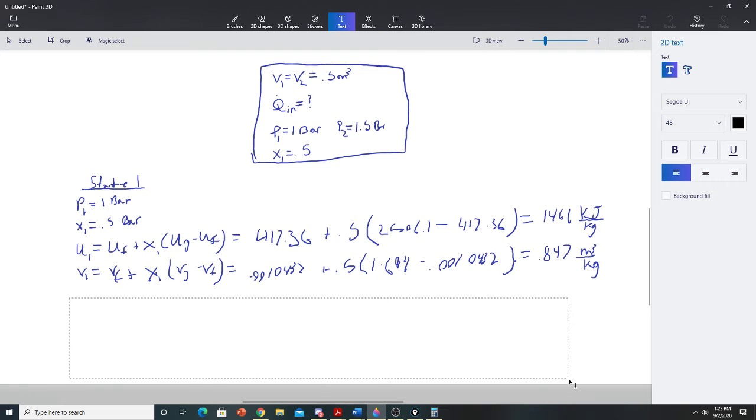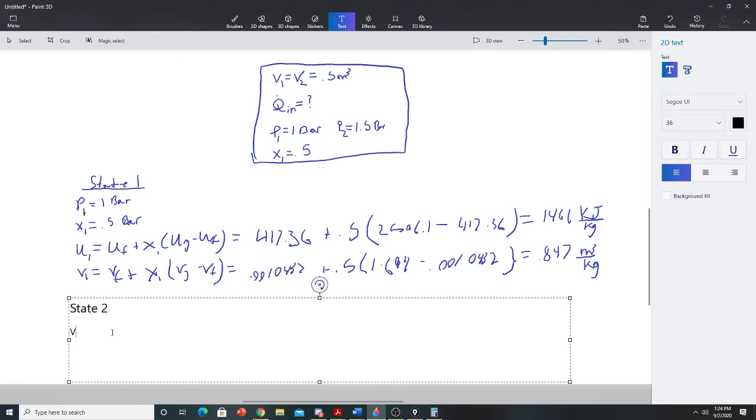So let's do state 2. Let me turn down the size just a little bit here. All right. Maybe up one more from there. Okay. So state 2. What do we know about state 2? Same volume, correct.